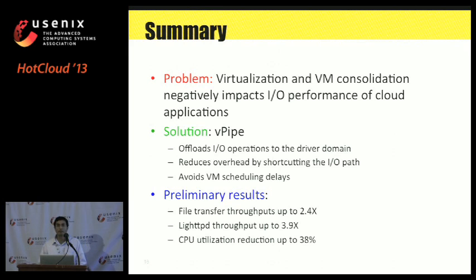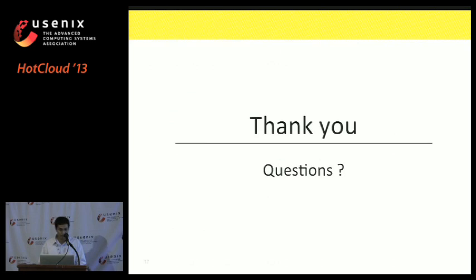Our solution, when applications are moving data from one location or device to another, is to offload the complete operation to the driver domain, which reduces the data copying overhead as well as avoids VM scheduling delays. Our preliminary evaluation results show file transfer throughput improvements up to 2.4x, Lighty throughput up to 3.9x, and overall CPU utilization savings up to 38%. Thank you.